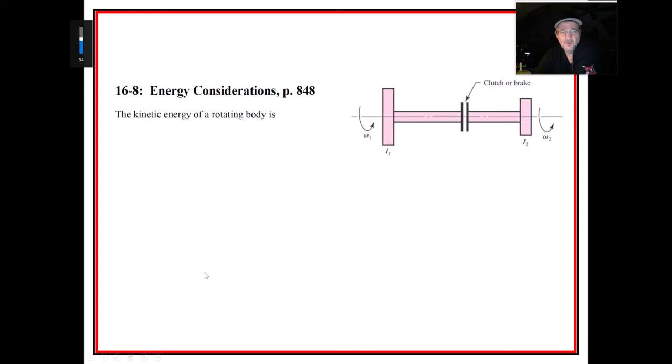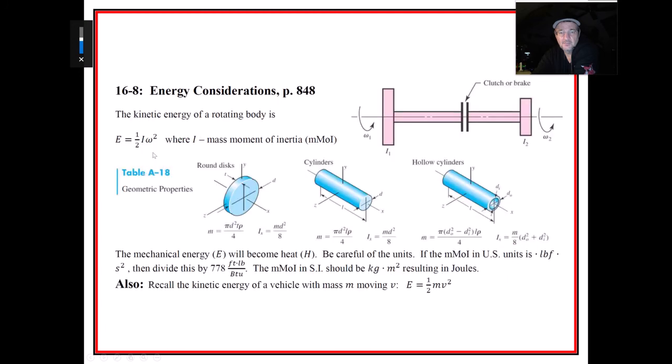We recall that for a rotating body, the kinetic energy is 1/2 the mass moment of inertia times omega squared. Down here at the bottom, I mentioned that we also have translational kinetic energy, and in a car we'll have both, probably more translational energy than all the rotating parts.